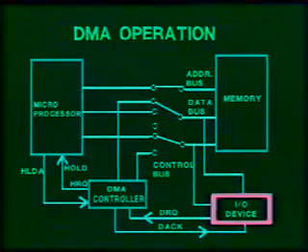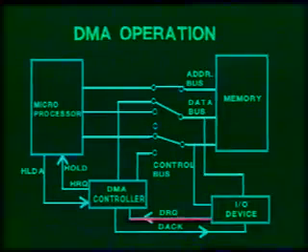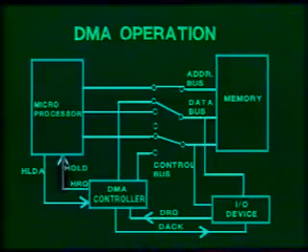Whenever a DMA operation is to be performed, the following steps will have to be taken. The IO device which desires direct memory access indicates its intention by giving a request to the direct memory access controller. Having processed this request, the DMA controller indicates to the CPU through the hold signal the intention for direct memory access.